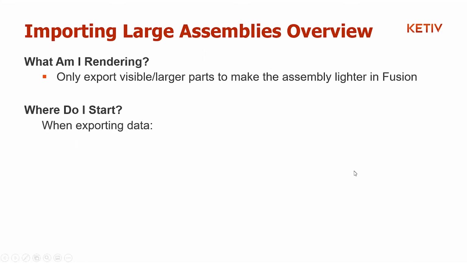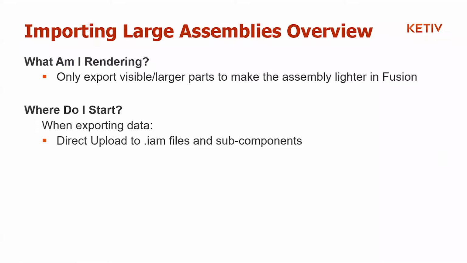And I'm going to go into Fusion after the slide here, but we have a couple of places to start. One, you can consider, and these are options, and I'm going to highlight the ones that I recommend. The first one is thinking, okay, I have Inventor and Fusion on the same machine. Can I just tell Fusion to look at the IAM file?